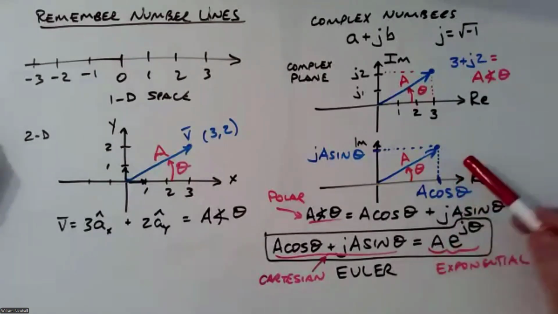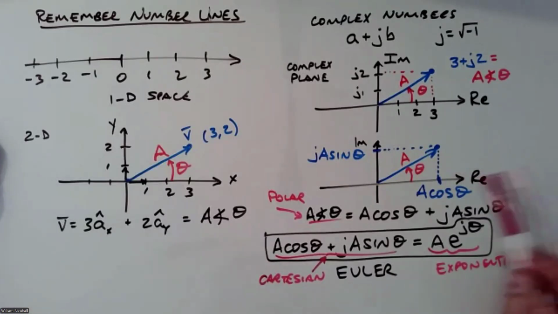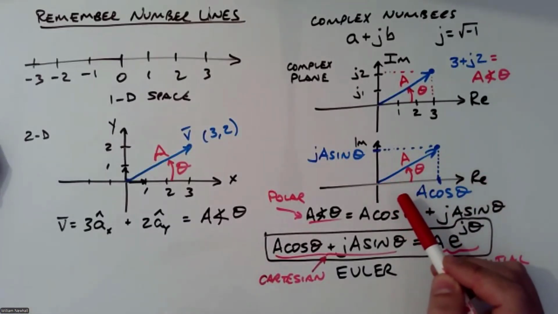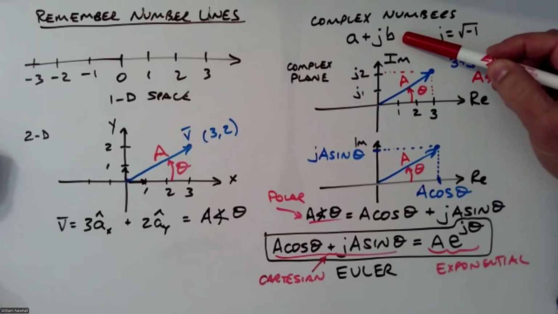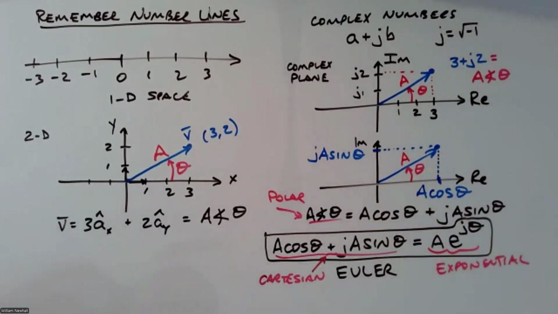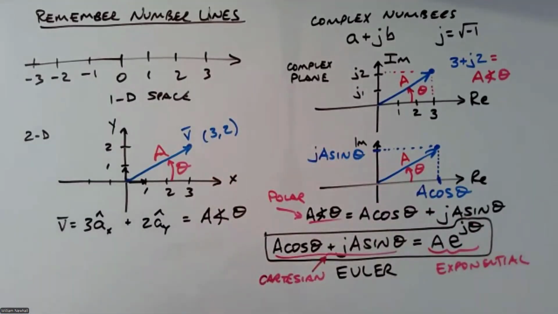When one of these vectors represents a cosine, we call it a phasor. It's just the name we give it. So when I say phasor, think two-dimensional vector. And when you think phasor, think complex number. So that's where we're going.